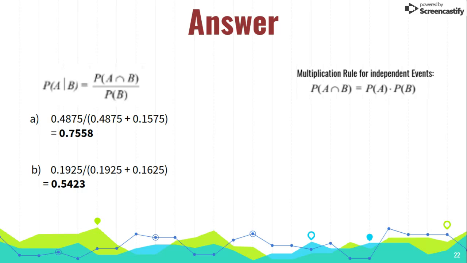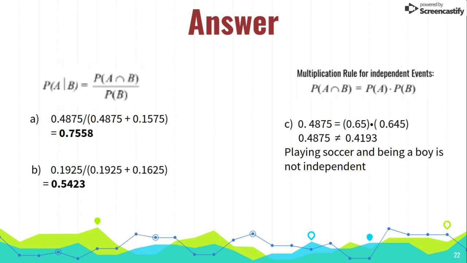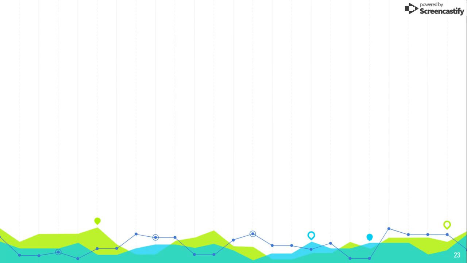Probability of a person being soccer and a boy is again 0.4875, and then probability of A, which is the probability of only playing soccer, times probability of B, which is the probability of only being a boy, is probability of A and probability of B. And then you multiply those, which equals 0.4193. 0.4193 does not equal 0.4875, which means that playing soccer and being a boy is not independent.